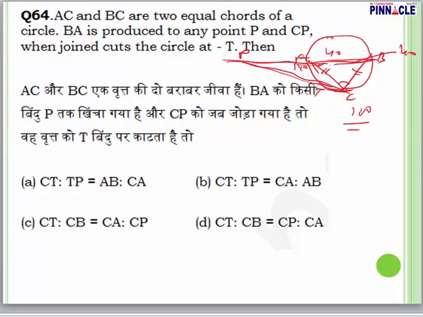But if I join A and T, then it will become A, T, C, B, a cyclic quadrilateral. So in a cyclic quadrilateral, if this is 40, then the opposite angle would be 140. So in this case, this is 140.